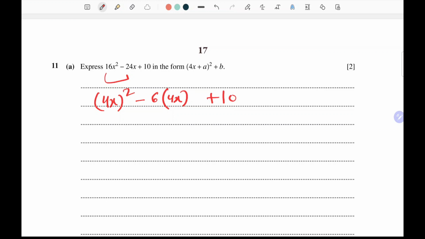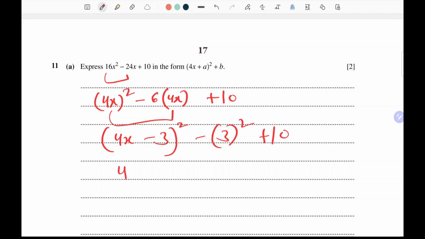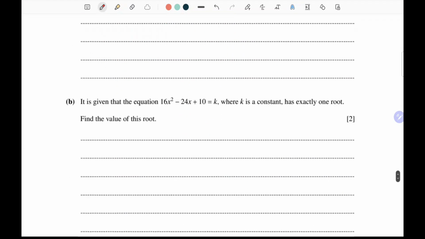Now consider 4x as t in your mind. So this is t square minus 6t, and we need to make a perfect square. So I will write (4x minus 3), since the coefficient is halved, minus 6 becomes minus 3, plus 10. So guys, I will get (4x minus 3) whole square minus 9 plus 10, that's 1. So (4x minus 3) whole square plus 1 will be the answer.